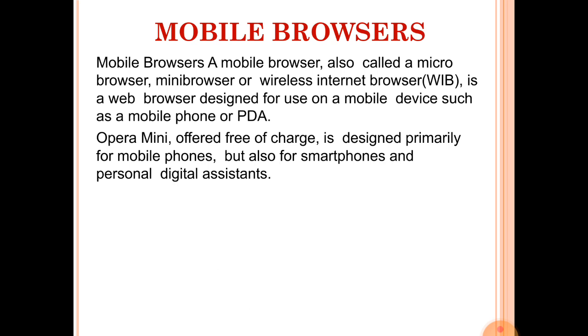What is the difference between a mobile phone browser and a desktop or laptop browser? I want to talk about the size. A mobile phone browser is smaller in size than a laptop browser.